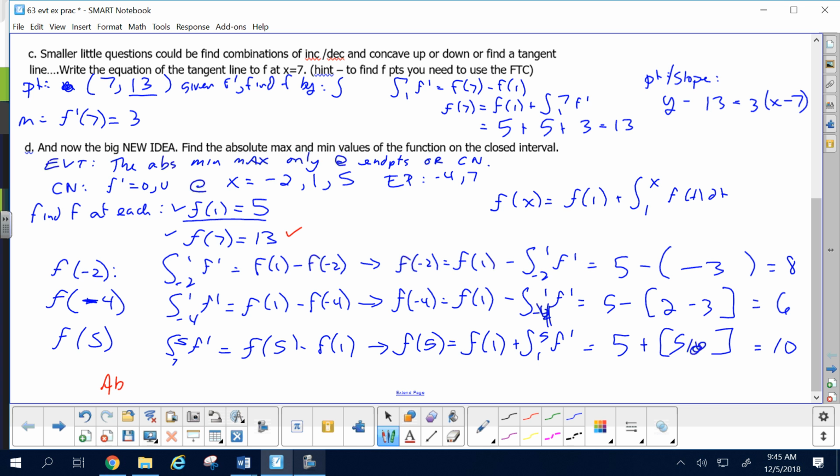The absolute max value of the function is f at 7, which is 13, or just 13. The greatest possible y value is 13. You could say because it's the greatest of the candidates, or because 13 is greater than all the other stuff, 10 and 8 and 6 and 5. That's like saying it's the greatest of the candidates, yeah?